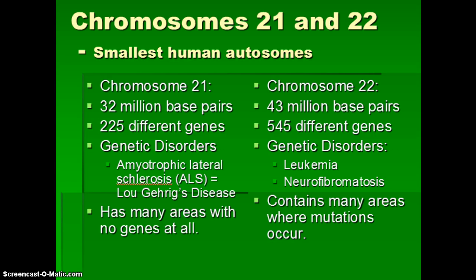The interesting part about chromosome 22 is that there are these long stretches of just repetitive DNA. They don't code for specific proteins, and these long stretches are unstable sites where rearrangement can occur, and therefore if you get this rearrangement, the possibilities for mutation are there.